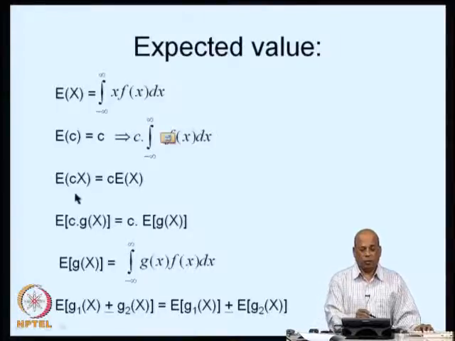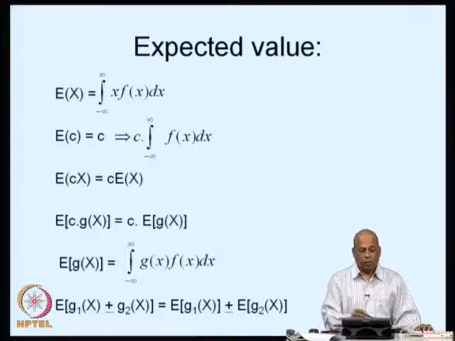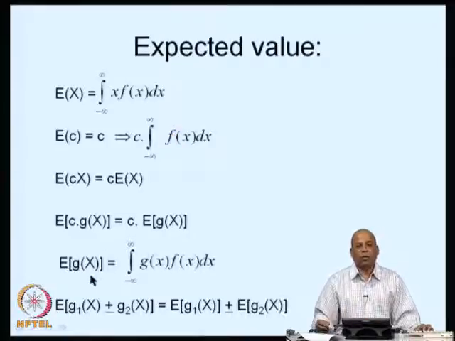Then from this it also follows that the expected value of C into x is equal to C into the expected value of x. We also have to see this particular result, which is interesting, where we are talking about the expected value of a function of x, g of x, which is equal to the integral from minus infinity to plus infinity of g of x f of x dx.